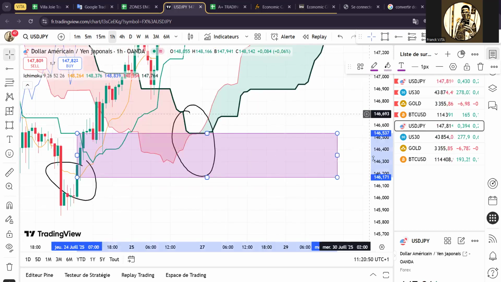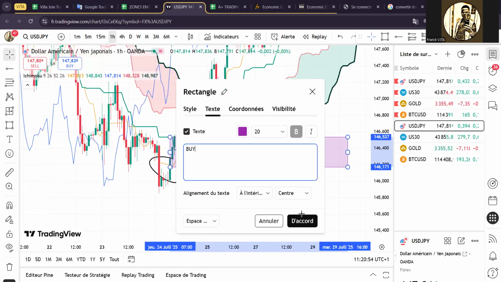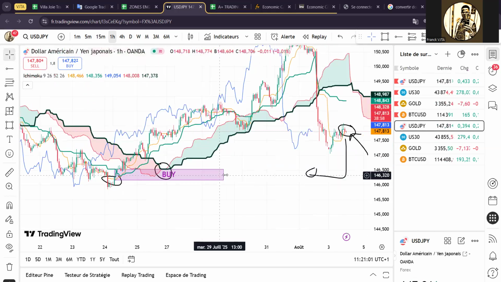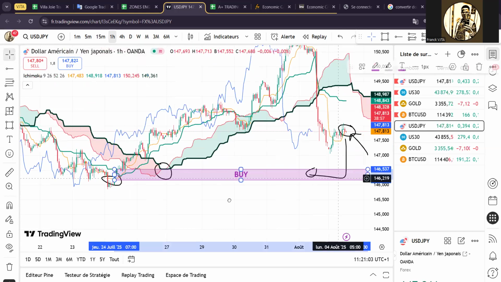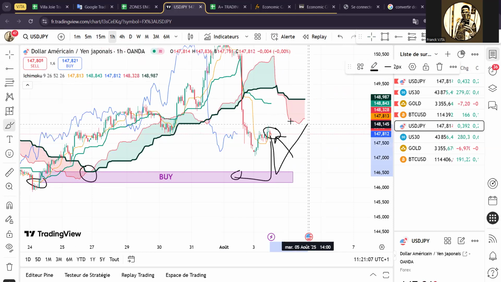Then we name it simply by the twist and mountain it contains, and we drag the rectangle to the right till here. So the price can come in, tap at this level, and then continue to the upside. That will be a zone.